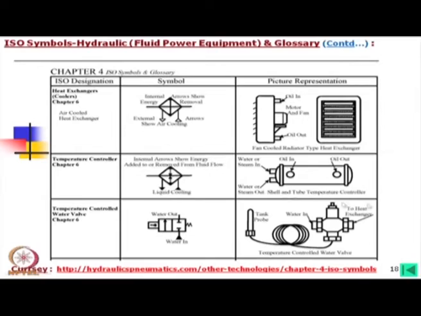That means the same component can be used as a cooler as well as a heater. So, this is a special symbol, and it is operated by some liquid. In the other case this is air or gas, in this case air, not gas normally. In this case this is usually water.